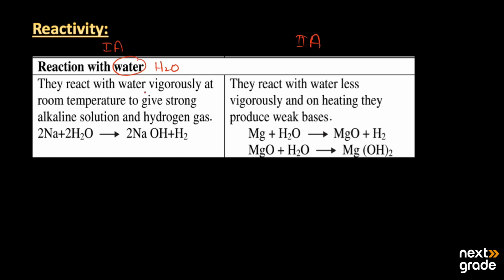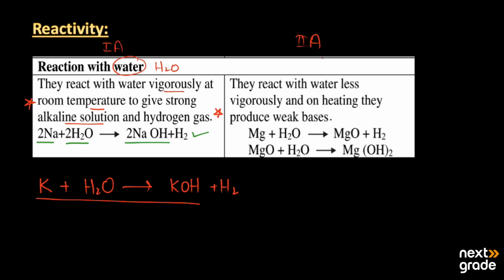The group 1A elements react with water vigorously, all at room temperature, and give strong alkaline solutions and produce hydrogen gas. Here, sodium metal reacts with water and produces sodium hydroxide and hydrogen gas. Likewise, potassium reacts with water and produces potassium hydroxide along with hydrogen gas.